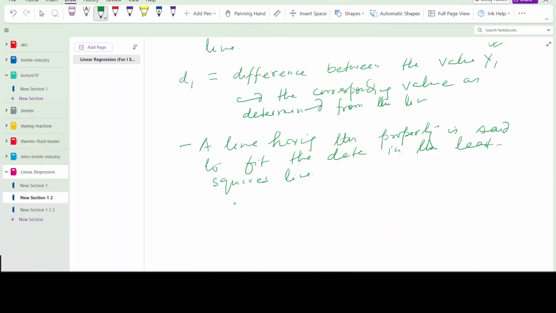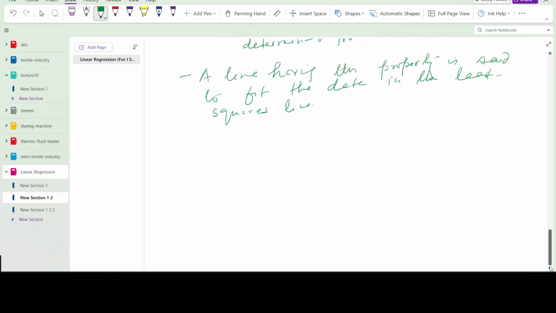Now we have understood what is the best fitting line through this method of least squares. Minimization of the summation of d1 square plus d2 square plus dn square is known as the method of least squares.